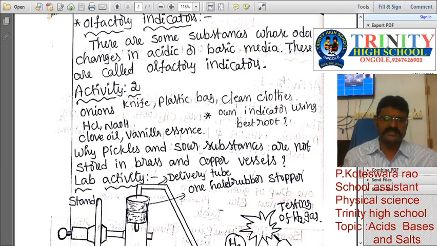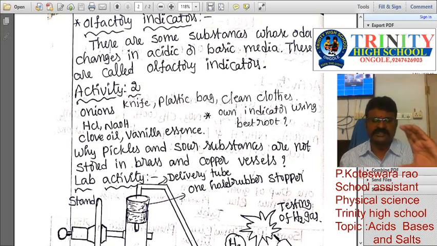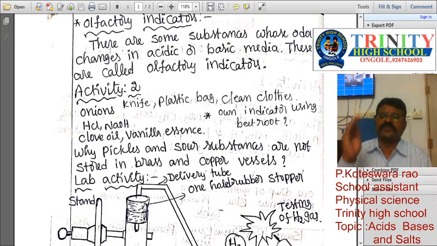Now we take that filtrate. Take one filter paper and dip it in that filtrate solution. Then it changes into red or pink. Now that is used to test acid and base.